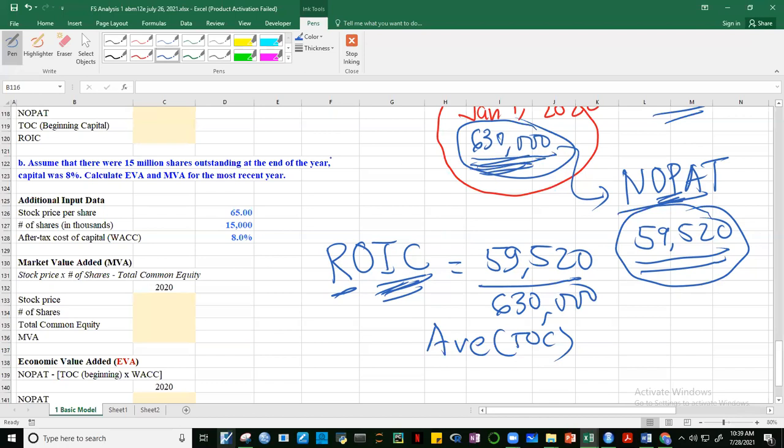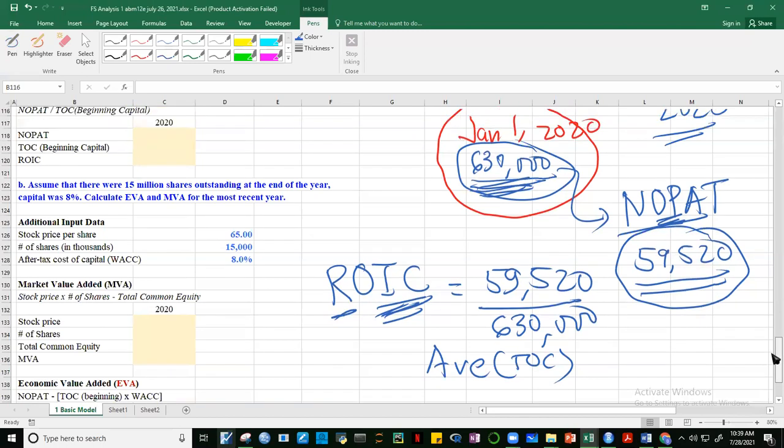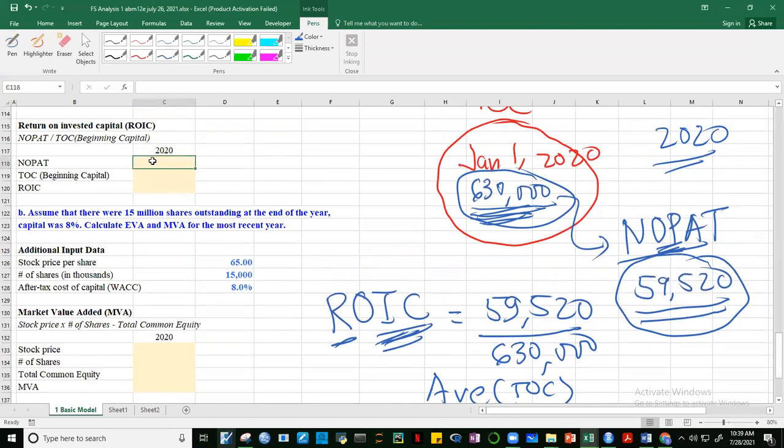Again, the story: at the beginning of the year, management was given 630. What did management do with it? They generated operating profit of 59,520. So we can now compute our ROIC, Return on Invested Capital. Syra, please share with everyone.